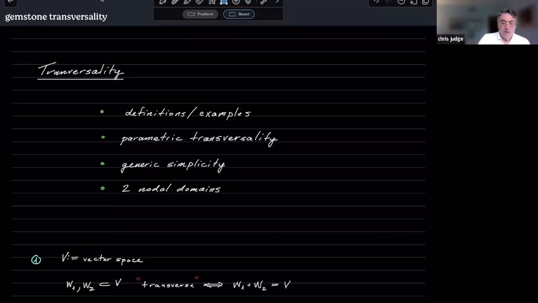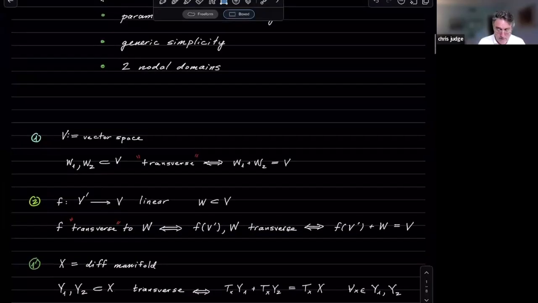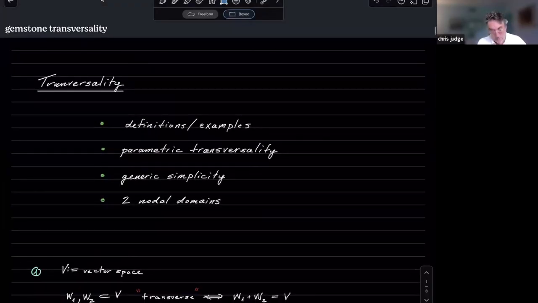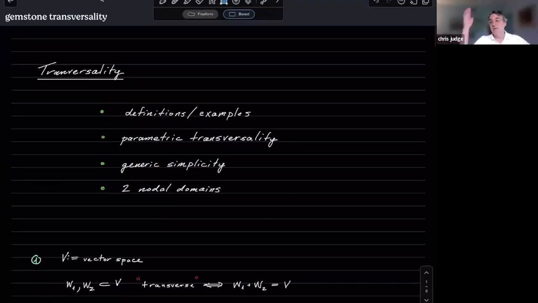Okay, but let's start off with the definitions. The first definition of transverse is the easy one that everyone thinks about. You have two crossing things. Two vector subspaces of a vector space V are said to be transverse if their sum is the entire space.